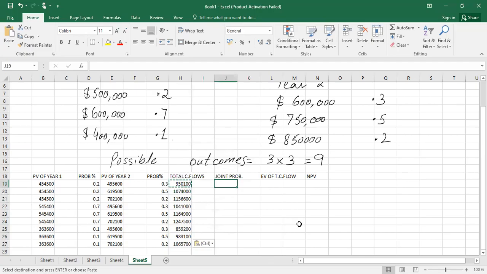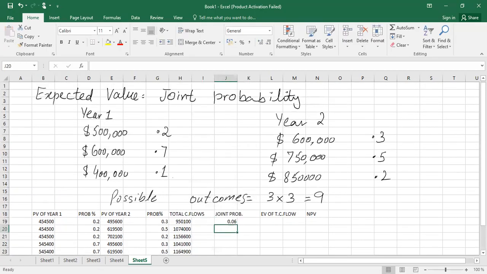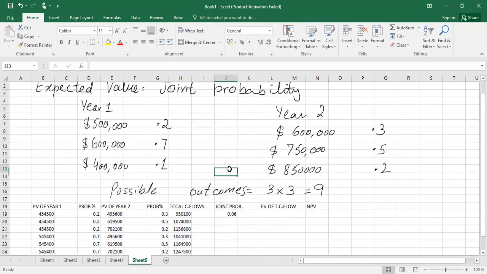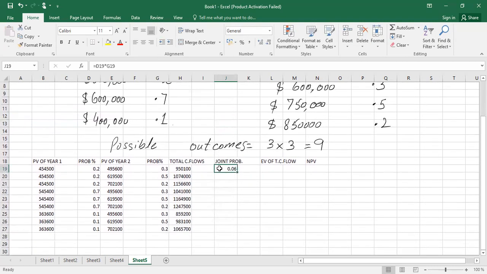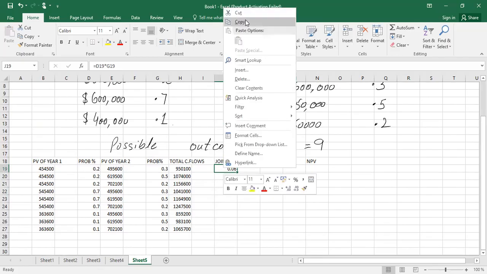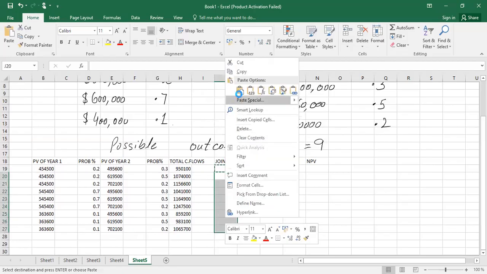Now we will calculate joint probability. 0.2 multiplied by this, then I am going to copy and paste this formula.